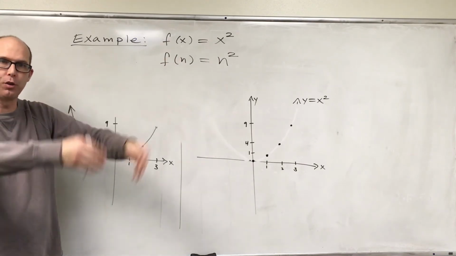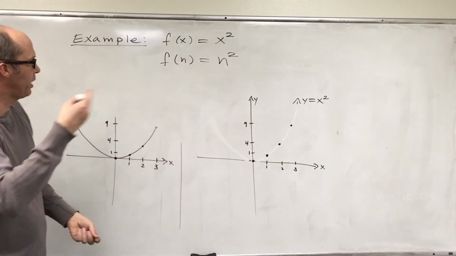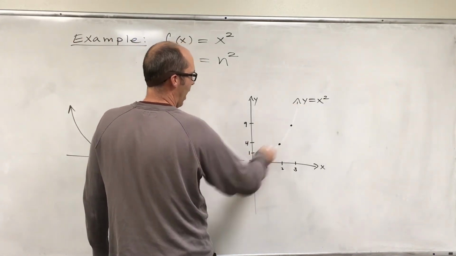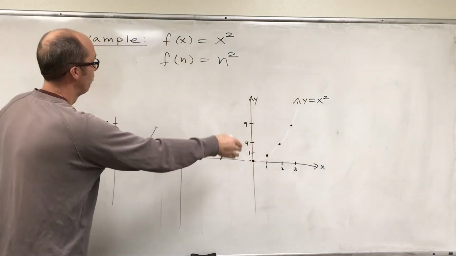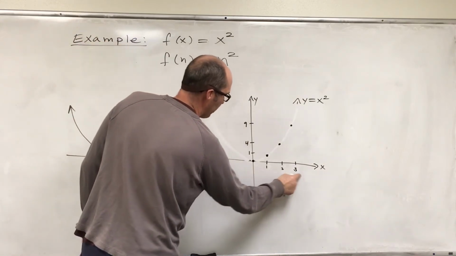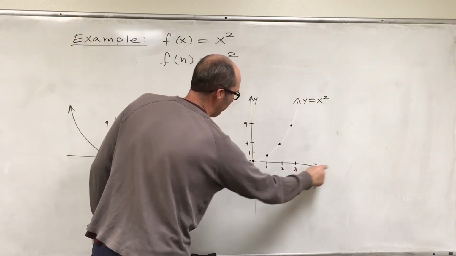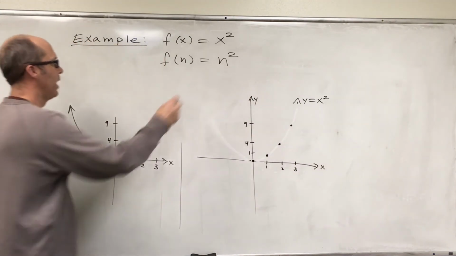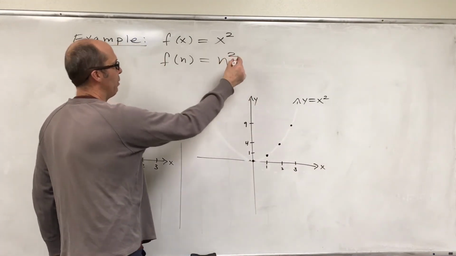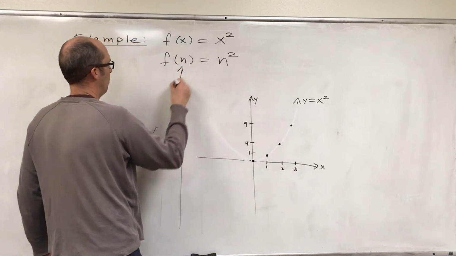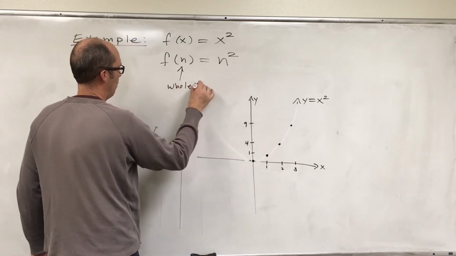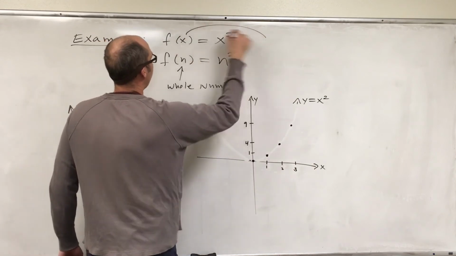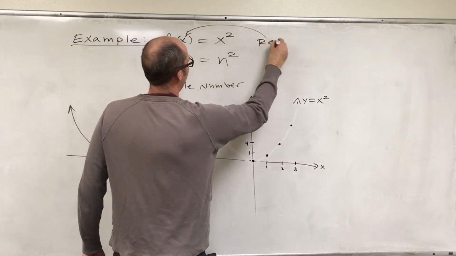All that matters is what you throw into it. But because over here we only have a graph of dots, and we only allow whole numbers as inputs, 0, 1, 2, 3, 4, 5, 6, 7, on and on and on like that, we use n to indicate whole number. And we use x to represent real number.